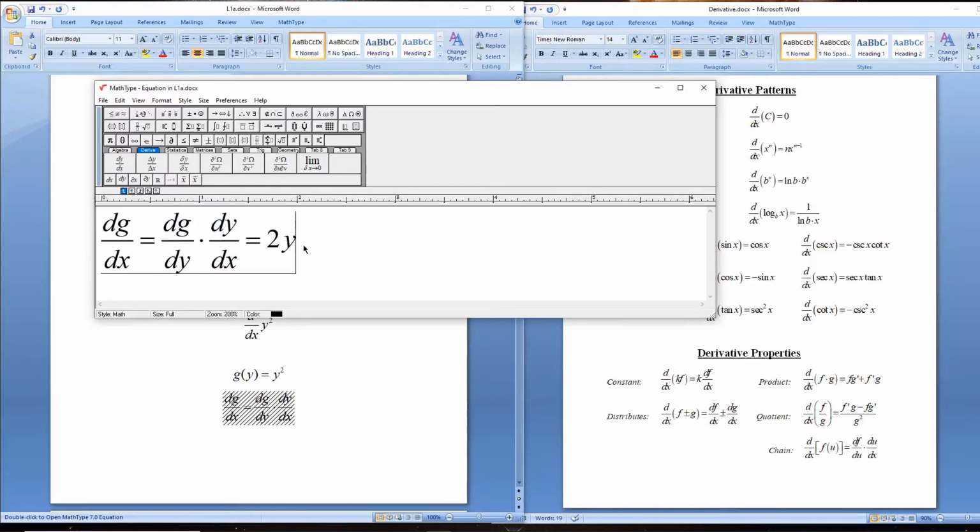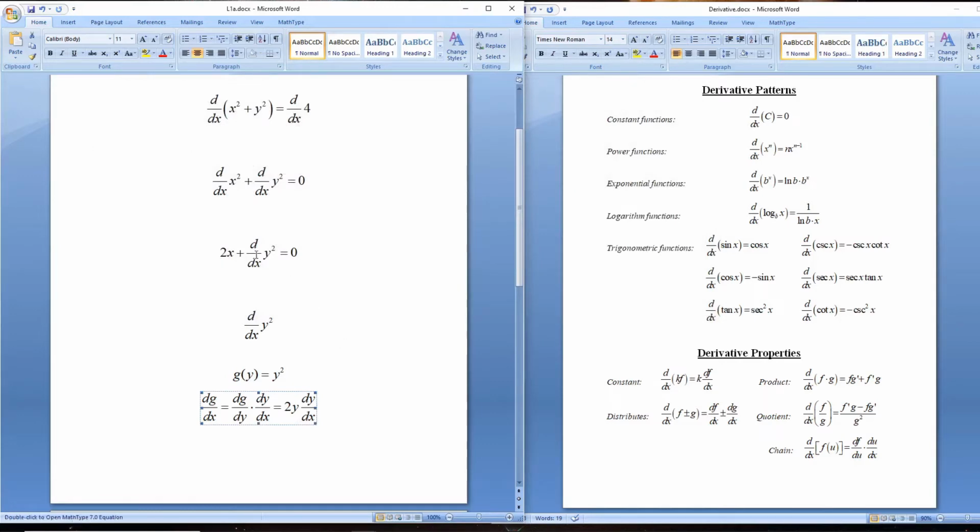As a matter of fact, that's what we're trying to solve for. And so we leave this notation as is. So here we actually did the derivative, the dg dy, but we don't know dy dx. That is, in fact, what we're solving for. And so we leave this symbology here to indicate this is what we're solving for. We're solving for this derivative.